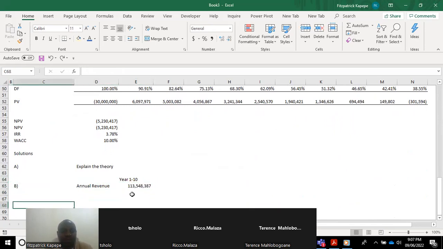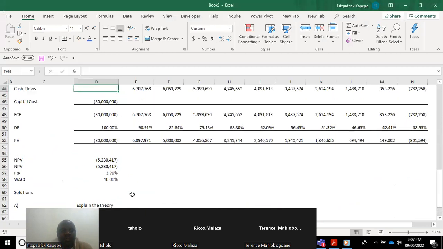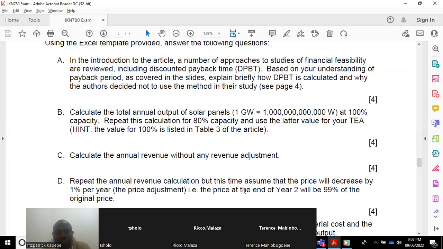Then I'll go to C again. I'll say calculate the annual revenue without any adjustments. For C, you saw that for PISA, they also repeat this calculation for 80% capacity and use the latter values for P. Calculate the total output at 100%, then repeat this calculation for 80%.